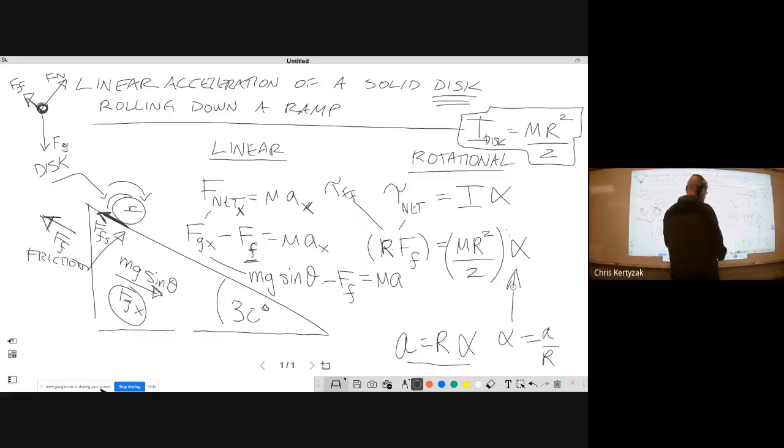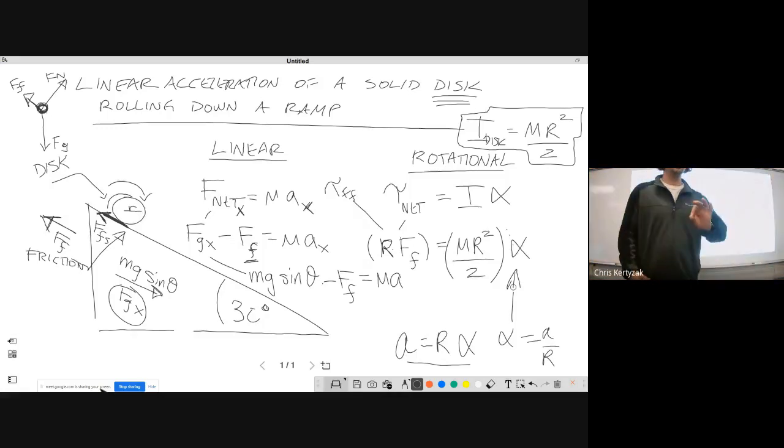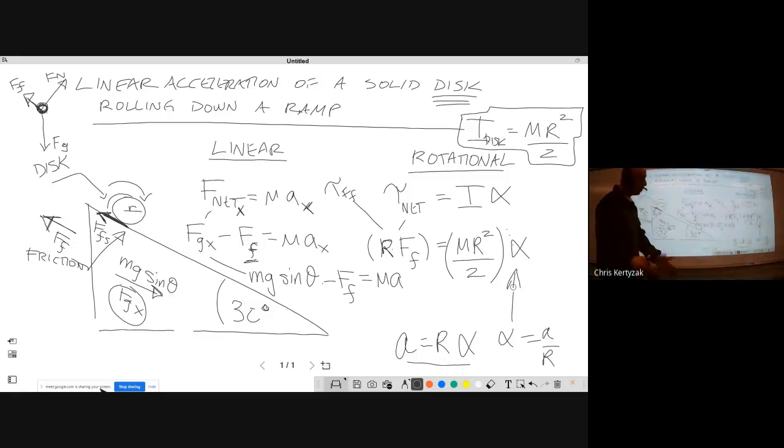Because again, my goal is essentially to start in the rotation world, rid myself of anything that's rotational, because what is our ultimate goal? To determine a linear expression for the linear acceleration of this thing as it goes down the ramp. So even though I start in the world of rotation with Newton's second law for rotation, my goal is to undo any of the rotational stuff that's in there.